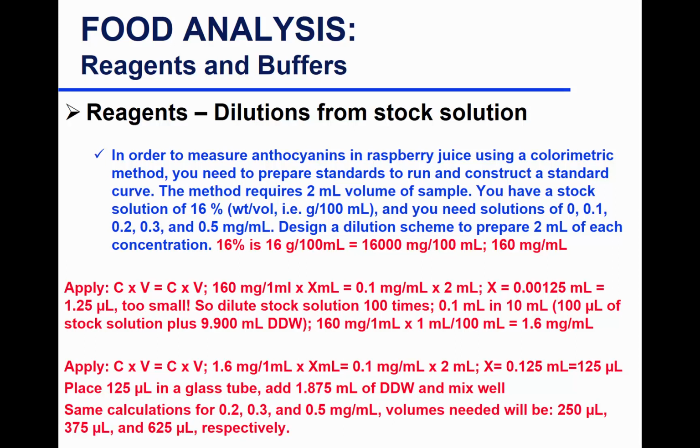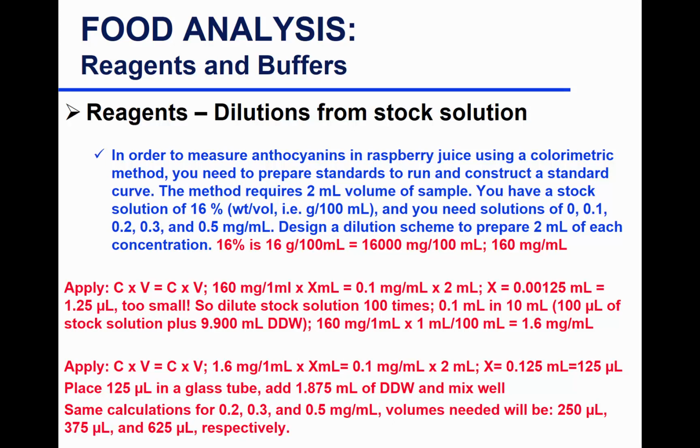So the dilution would be taking 0.1 ml from the stock solution, the 160 milligrams per 1 ml, putting it up to 10 ml by adding 9.9 milliliter DDW. So you in fact take 100 microliters and add it to 9.9 milliliter DDW. Then you end up with a diluted stock of 1.6 milligrams.